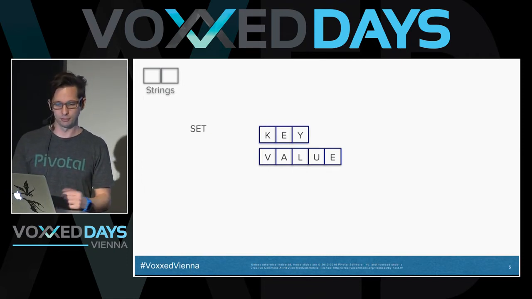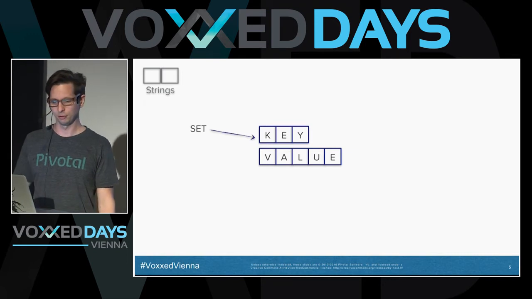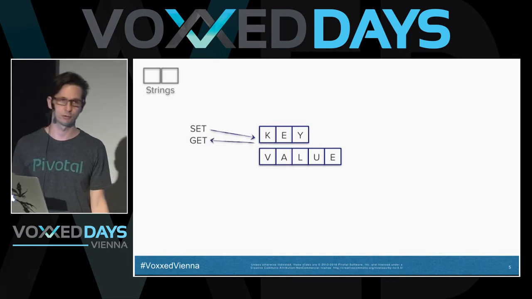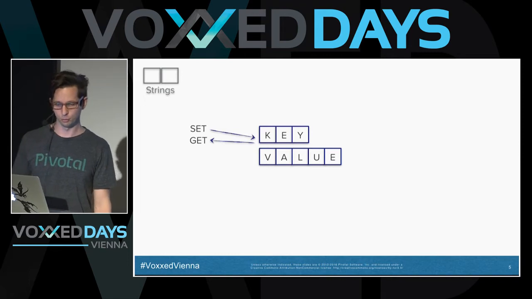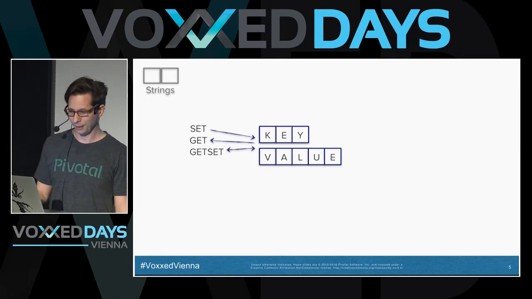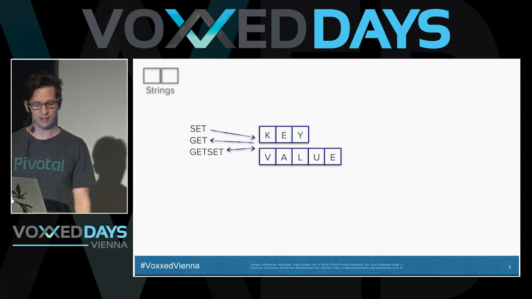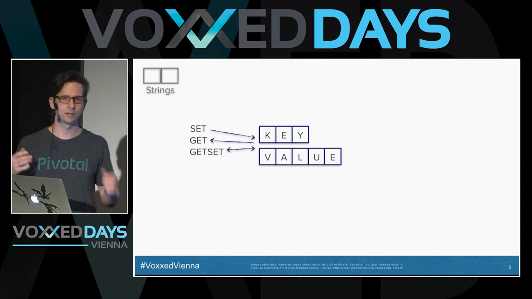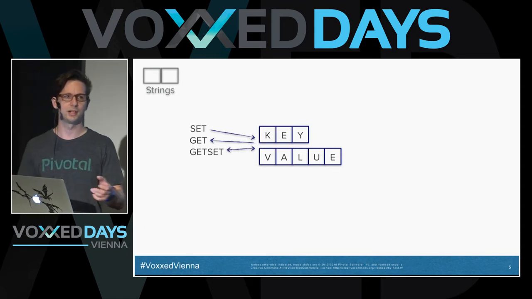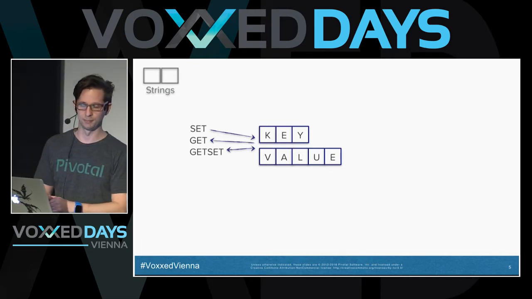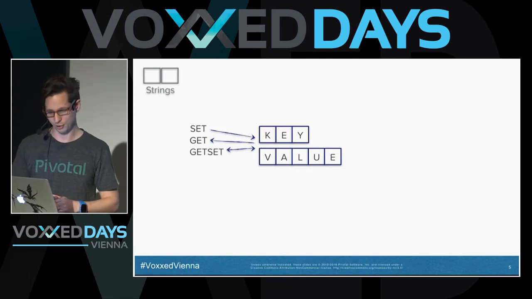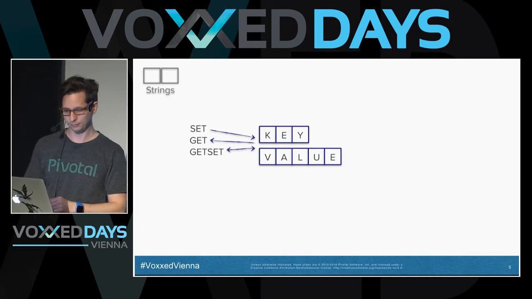So we got a key and a value, and we can set the value of a key using the set command. And of course, very trivial, we can get the value back for the key using the get command. We can also call getSet, which basically gives us the value stored for the key and at the same time sets the value for the key in an atomic operation on the server.